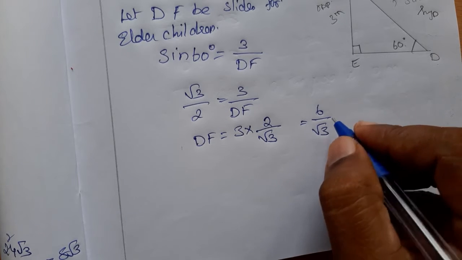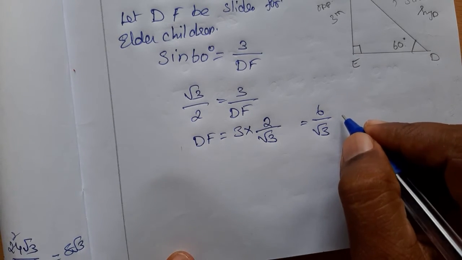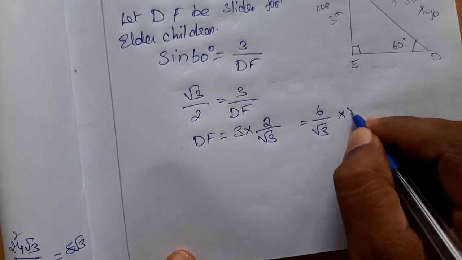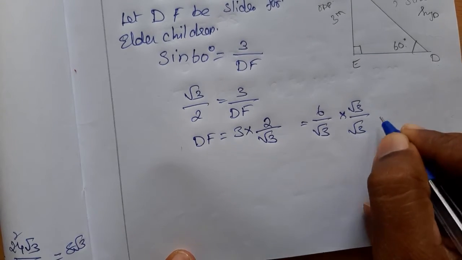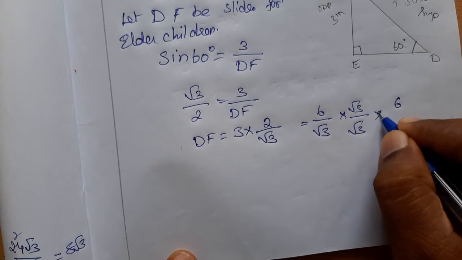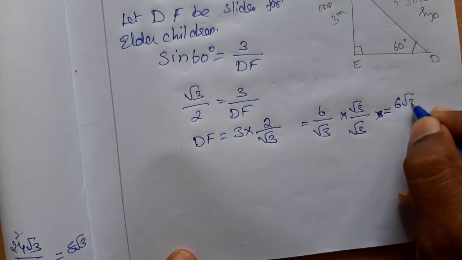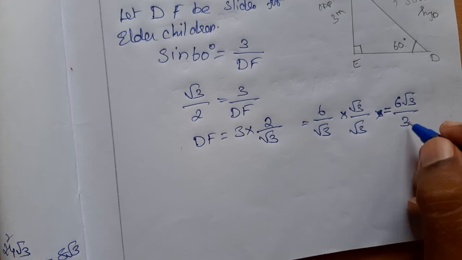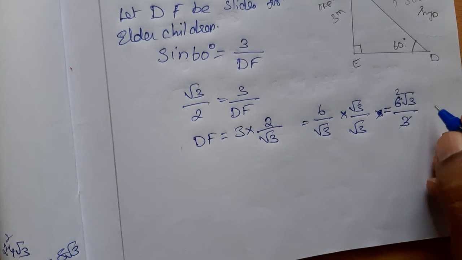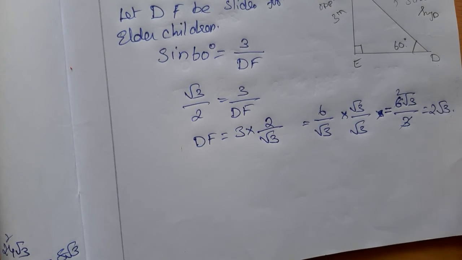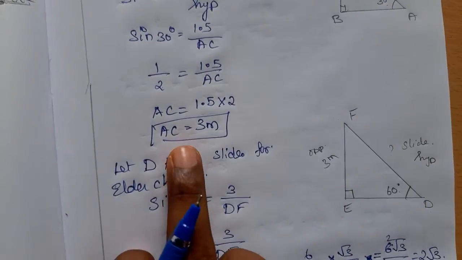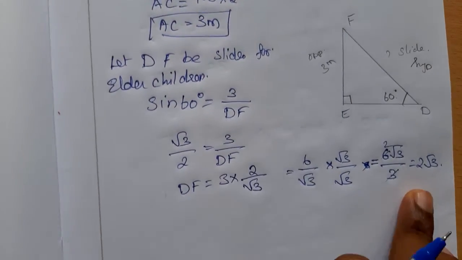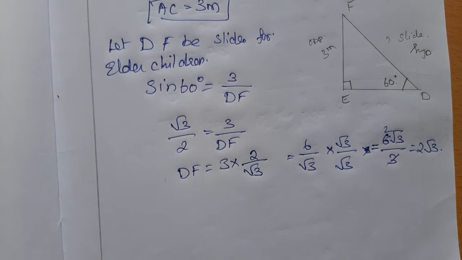And the denominator should not have a square root, so we have to rationalize. So into square root of 3 divided by square root of 3, we will be getting 6 square root of 3 divided by 3. Square root of 3 into square root of 3 is 3. So this will come, 1 times, 2 times, we will be getting 2 square root of 3 meter, right? Here it's just 3 meter, but here the slide is 2 square root of 3 meter.